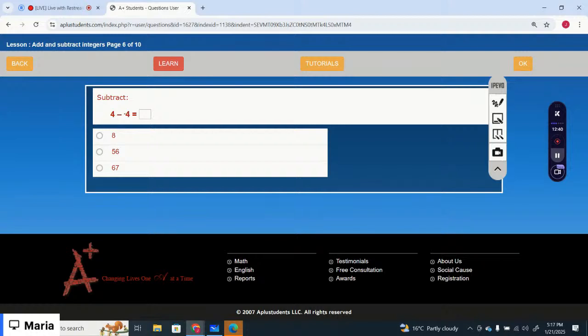Four minus negative 4. Which is the correct option? Subtracting a negative integer is the same as adding. So 4 plus 4 is 8. Option number 1 is the correct option.